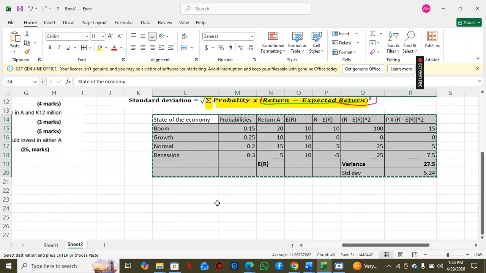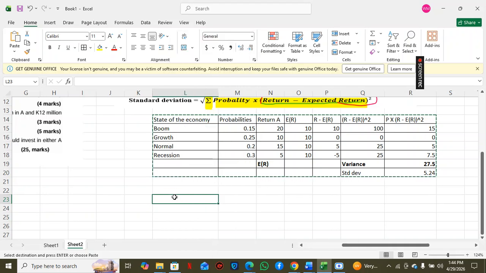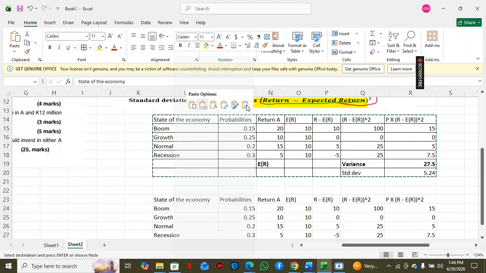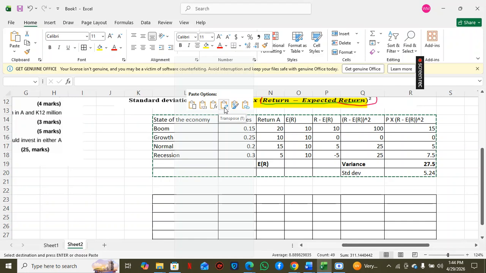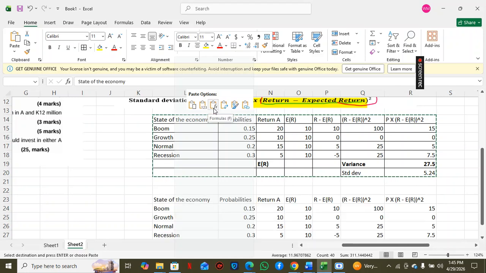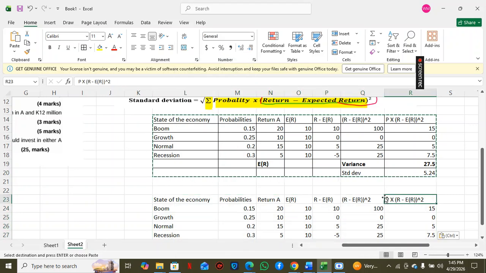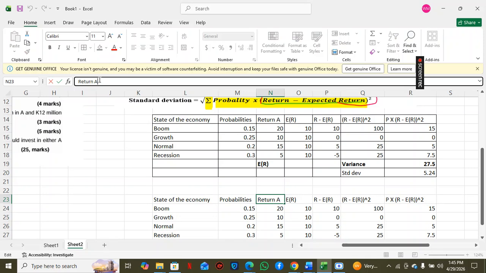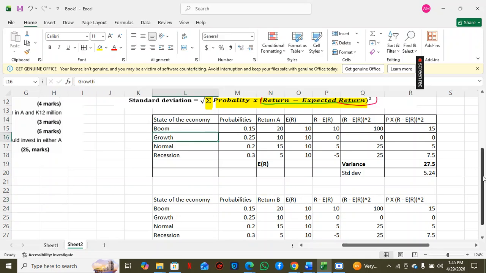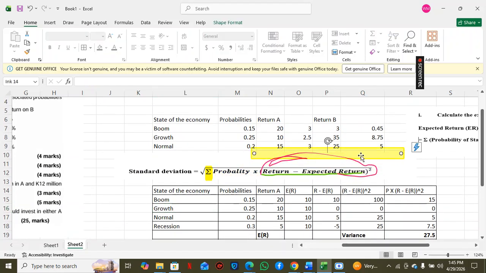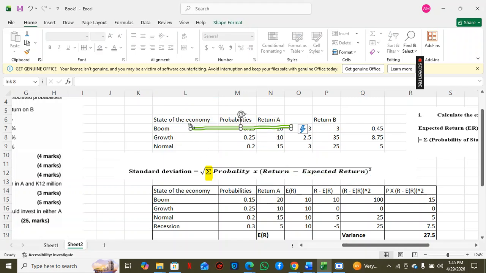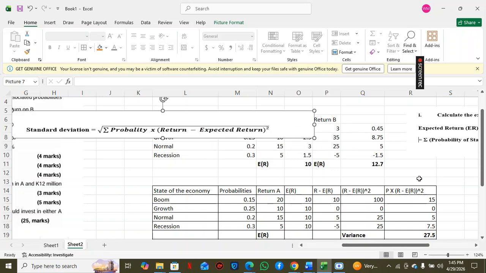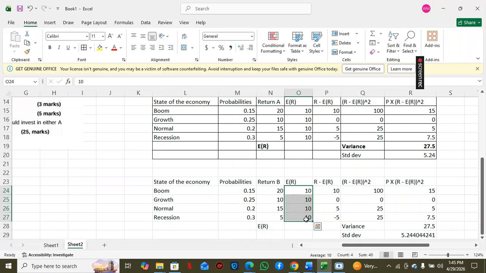Okay. So we go to company B. Company B, the expected return was 12.7%.